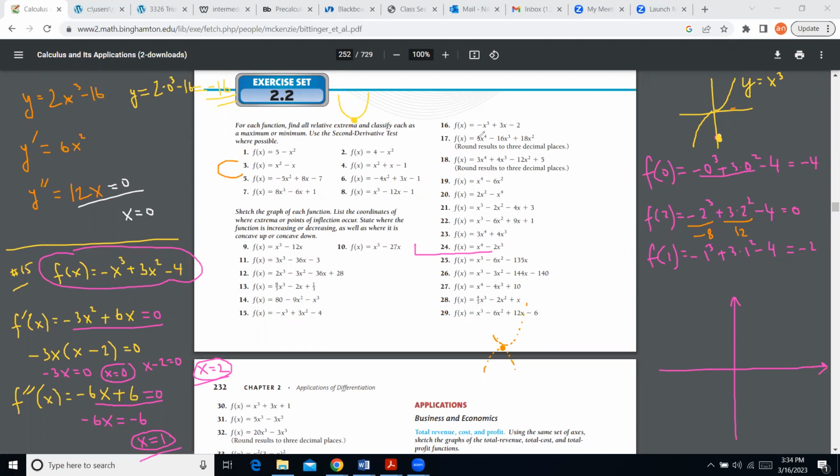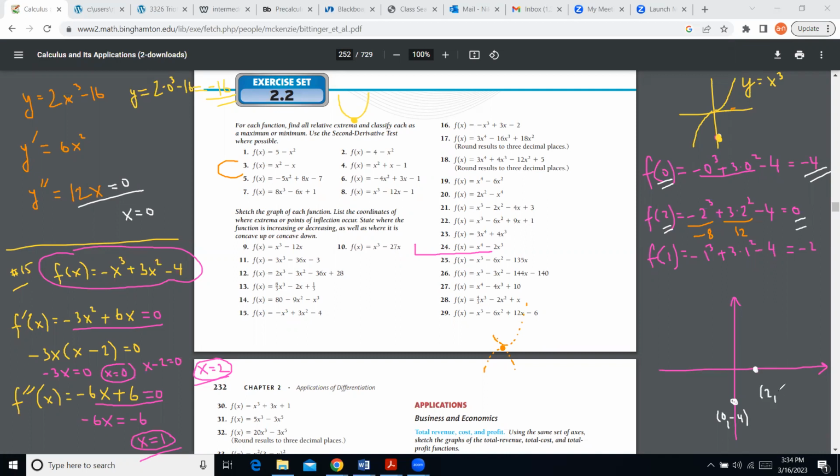So first of all, I will put these pairs. 0 for x, minus 4 for y. Someplace here, right? 0, negative 4. Next pair is going to be 2 for x and 0 for y. So this is someplace here, 2, 0.